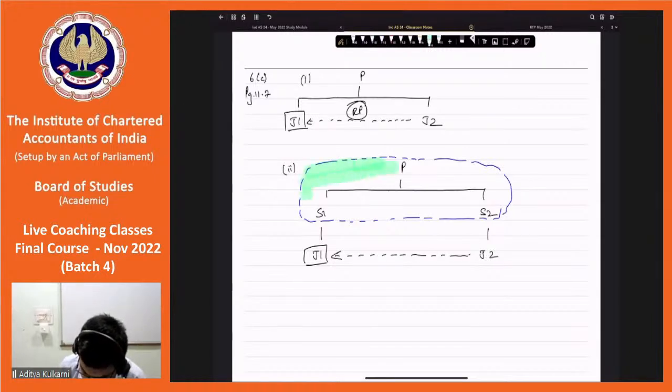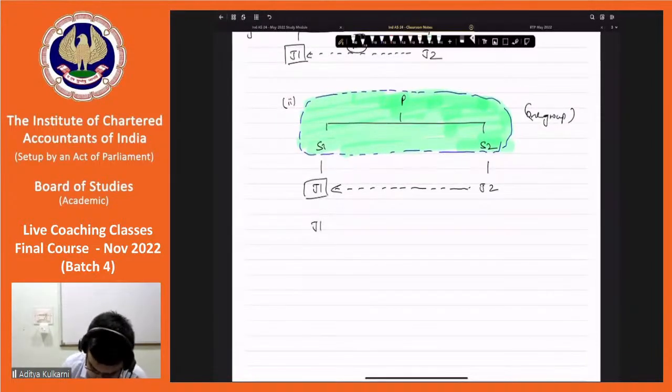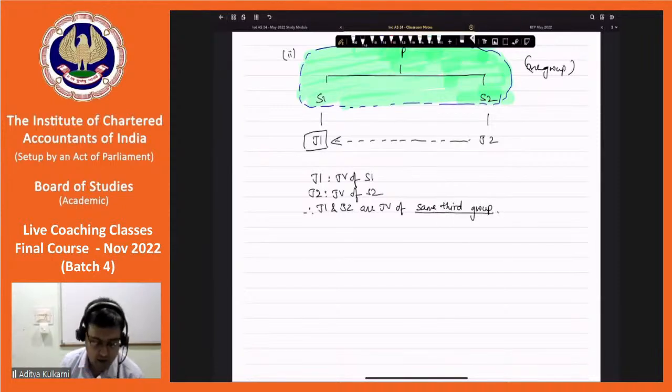It's not mentioned anywhere, but they view this whole thing as a single entity, one group. So J1 is a joint venture of S1, J2 is a joint venture of S2. Therefore, J1 and J2 are joint ventures of the same third group, not third party.